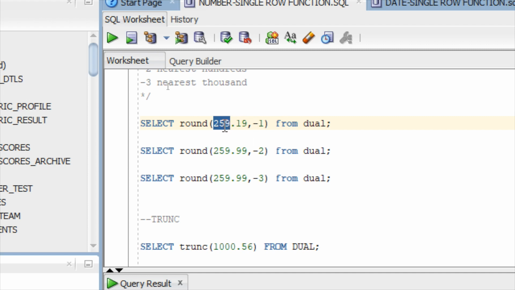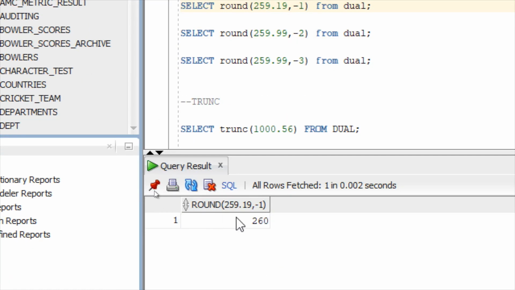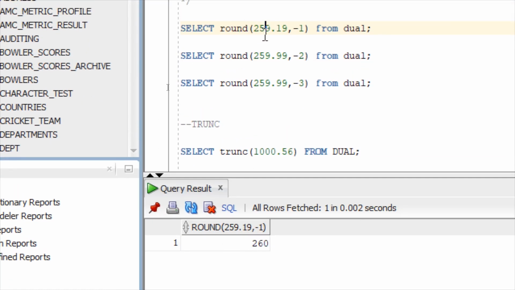So look at the tens digit alone: 59 is nearing 260. That's why when I execute this query, it shows 260 in my result.